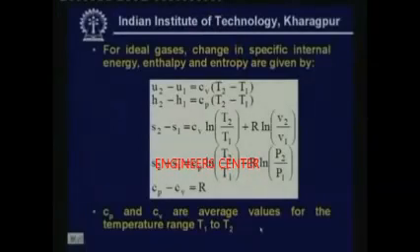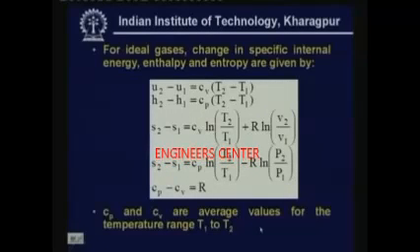Now let us look at how to evaluate the enthalpy change, entropy change, internal energy change for an ideal gas. These equations are given here for specific internal energy change, specific enthalpy change and specific entropy change of an ideal gas.